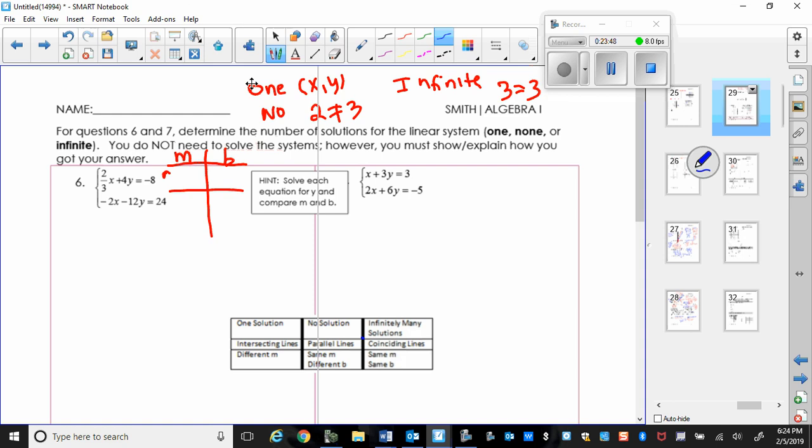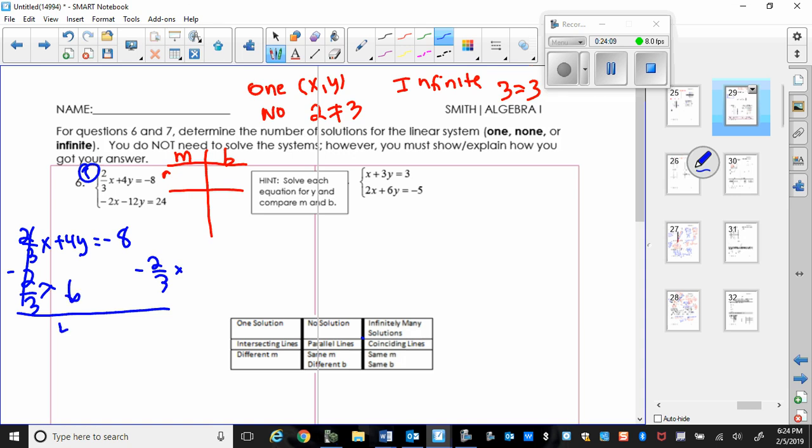So first, this first equation, so equation number 1, I'm going to solve for y. All right, so that means I move 2/3 x over, and my 4y comes down, equals negative 8 minus 2 over 3 x.